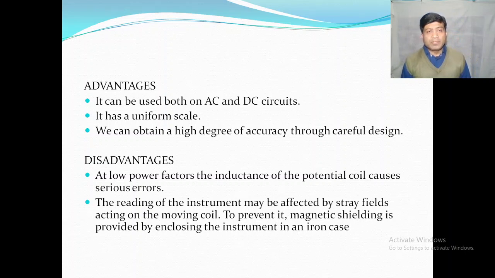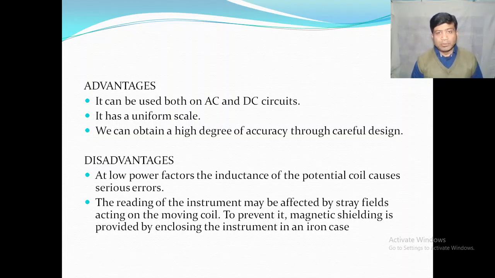Now these type of instruments, the electrodynamometer type of instruments, they have certain advantages and certain disadvantages to be known. The first advantage being that these instruments can be used both for alternating current as well as the direct current.